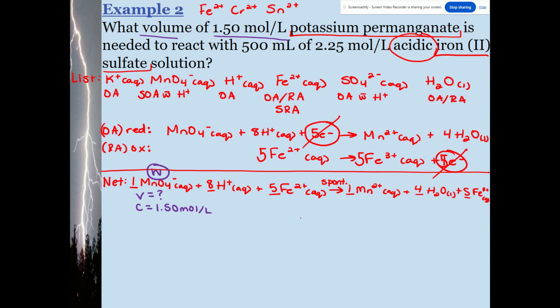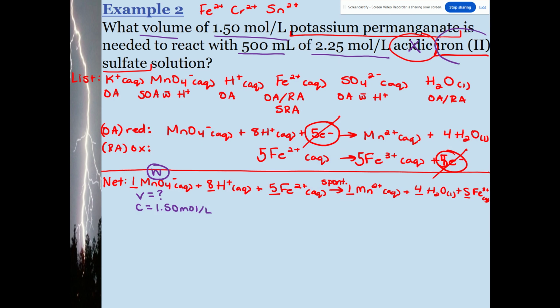Okay? Then it's saying we're reacting 500 mL of 2.25 mole per liter acidic iron 2 sulfate. I'm not dealing with a specific acid here, so this is not about my acid. This is about my iron 2 sulfate solution, the concentration and volume.